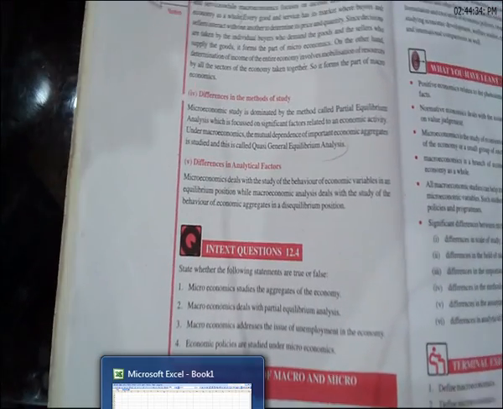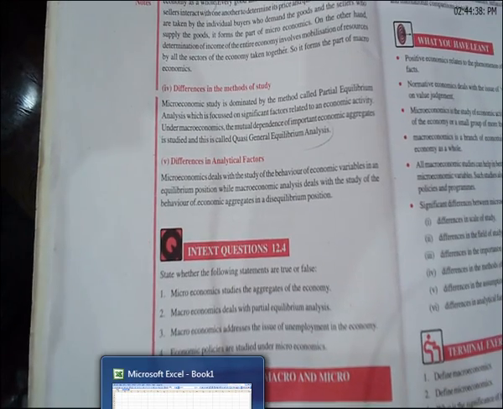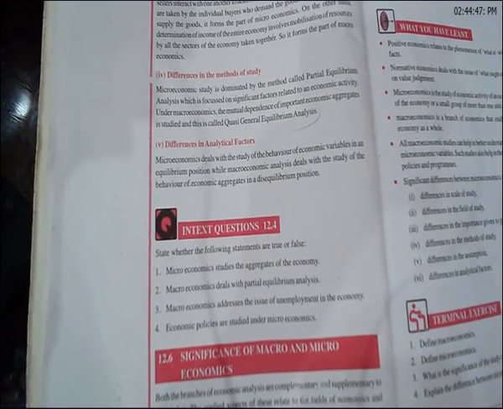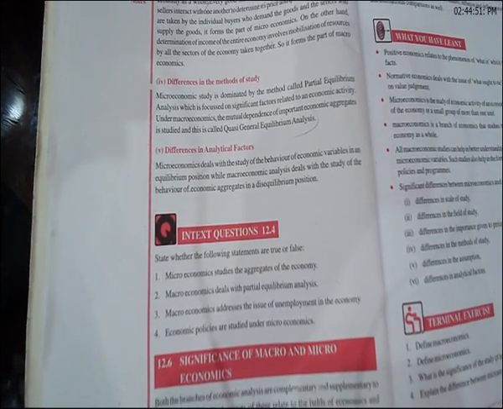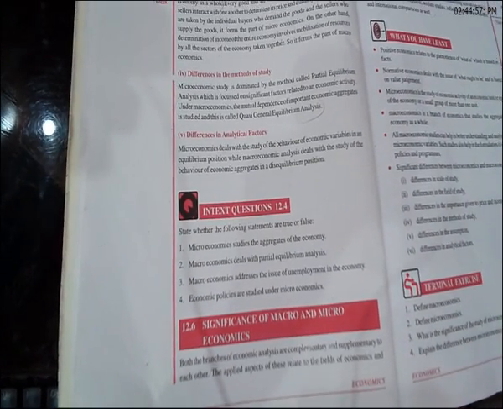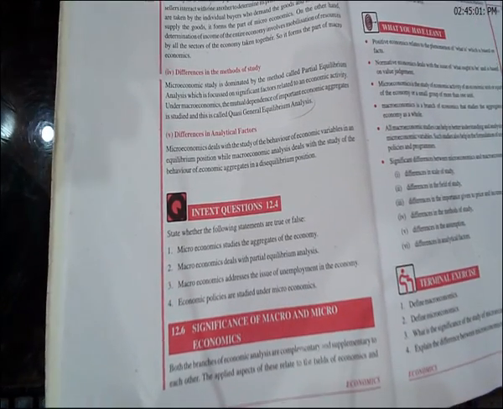Next one, differences in the method of study. Microeconomics studies partial equilibrium analysis. It means we are studying only some aspect of the economy. Under macroeconomics, we are relating to general equilibrium analysis. It means we are studying the whole economy, so it is called general equilibrium analysis.